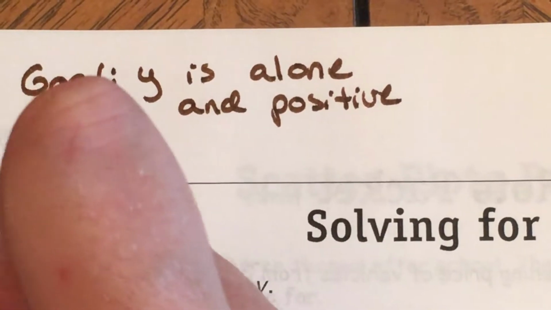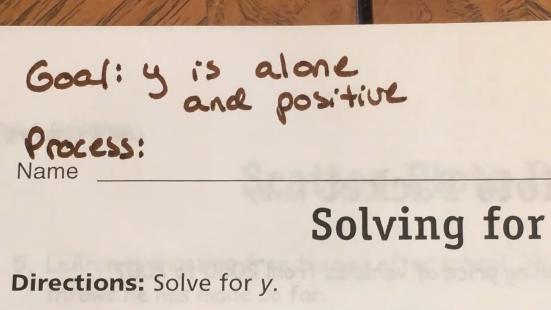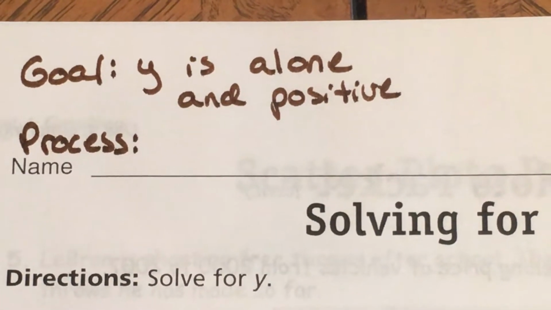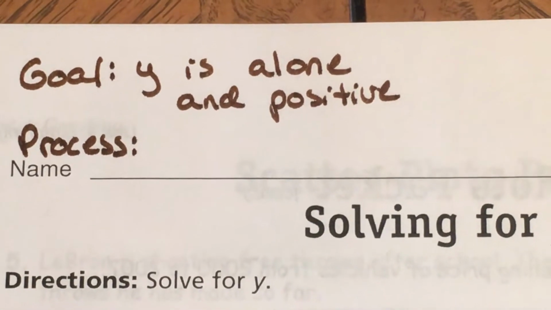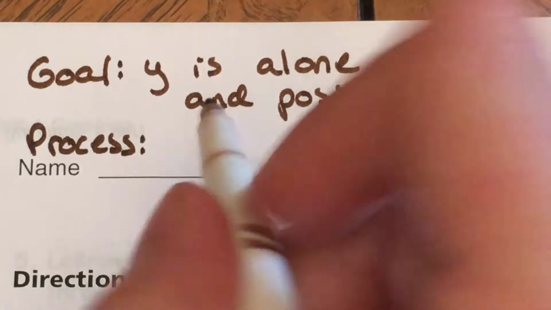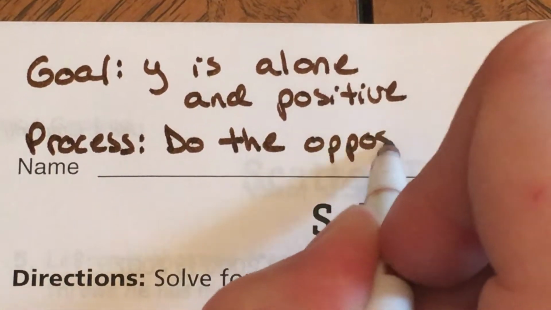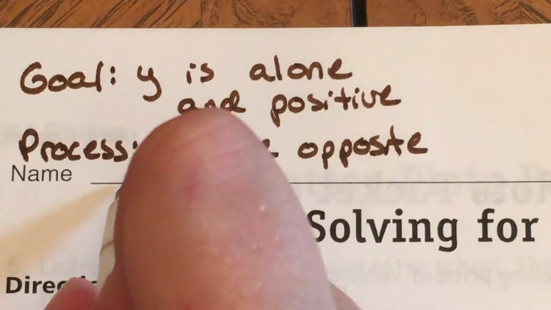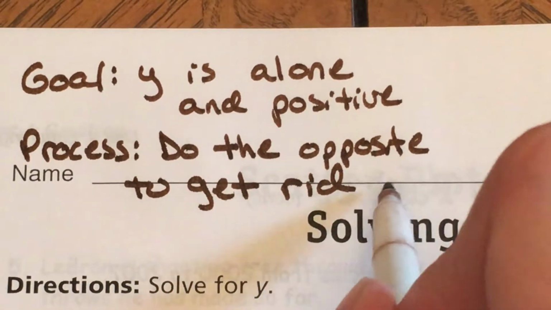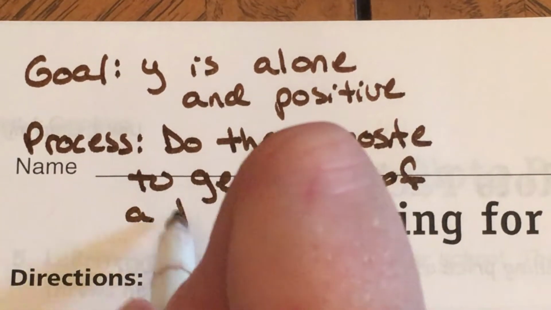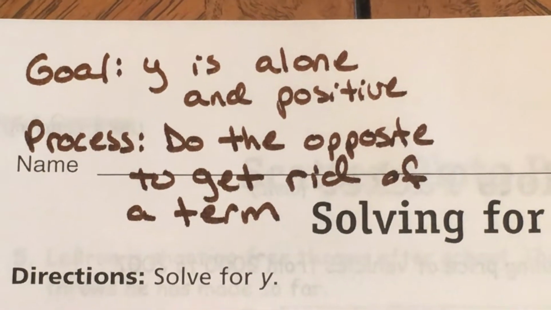Your basic process to do this is to look at what's happening on the same side of the equal sign with the y and then do the opposite of what is happening to get rid of the thing. All right, now let's look at problem number 1.